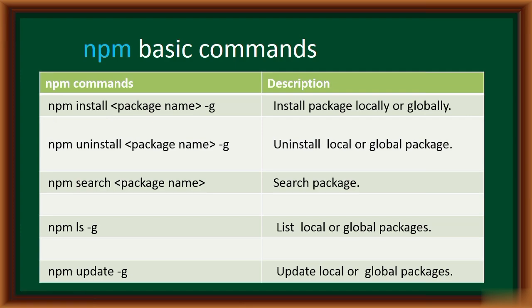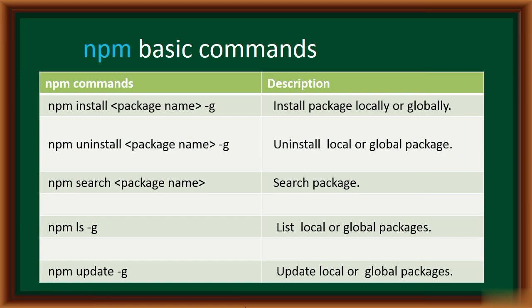If you need to search for a package, the command you will use is npm search followed by the name of the package. So if you want to check if you've got a package installed for your program or your application that you are building, you can use npm search followed by the package name.